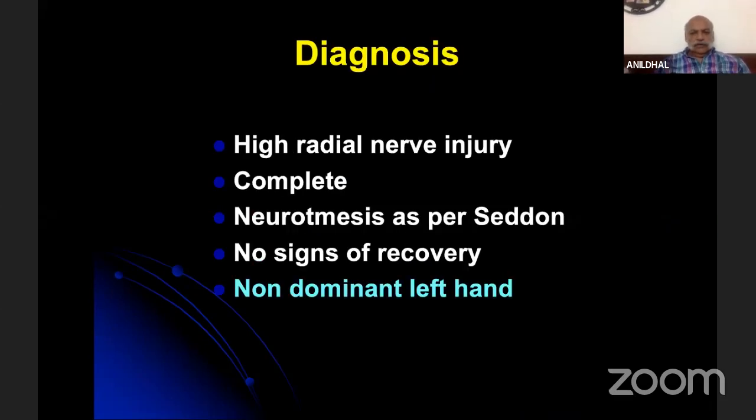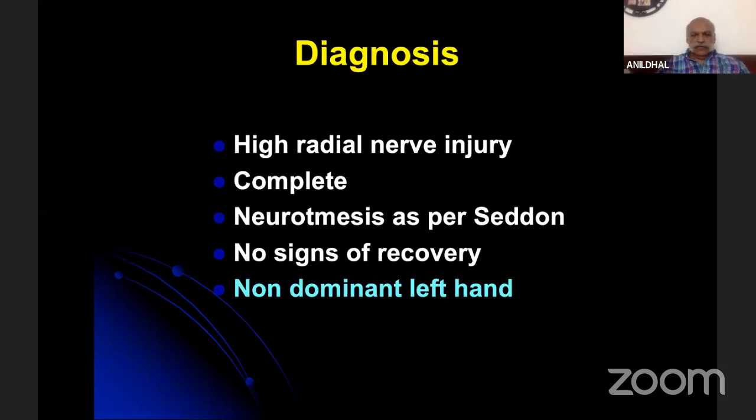Well, what was the diagnosis in the case which I demonstrated to you? So it was a high radial nerve injury. And on questioning, when the examiner asks you, is it a complete or incomplete? It is a complete one. It is a neurotmesis lesion as per Seddon. And in spite of 6 months having elapsed, since there is no recovery in the brachioradialis, it is a non-recovering lesion.